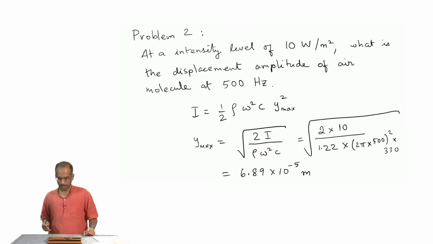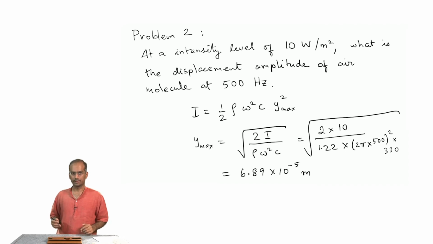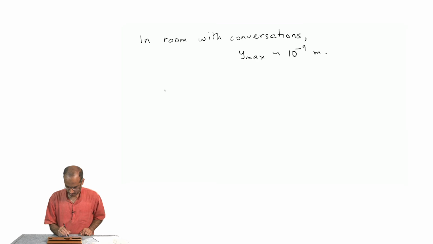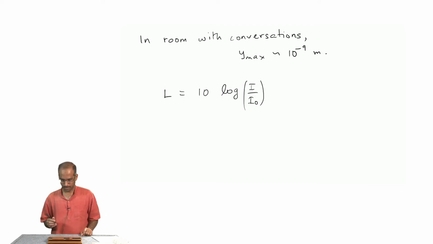We can also calculate what would be the sound level in decibels, and that would be 10 times log of I by I 0, log taken with respect to base 10.